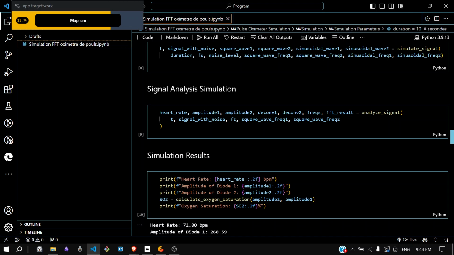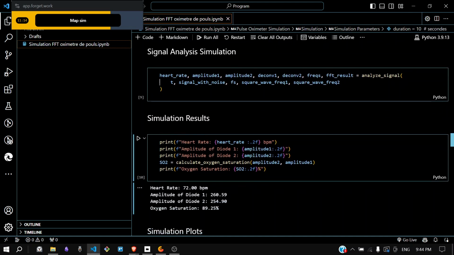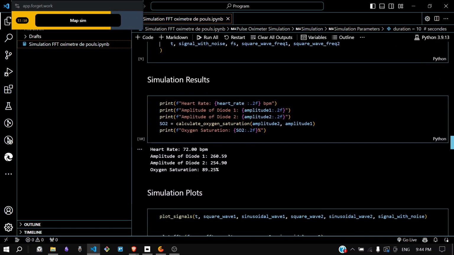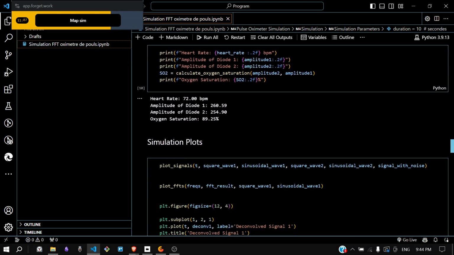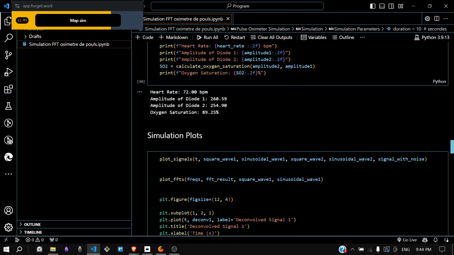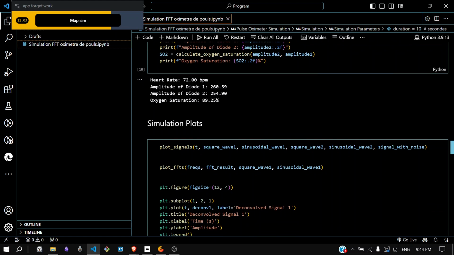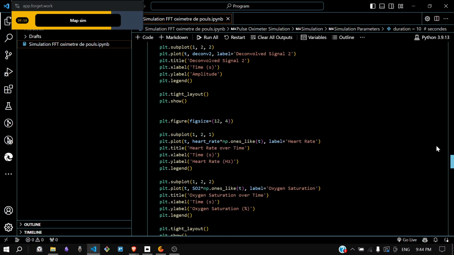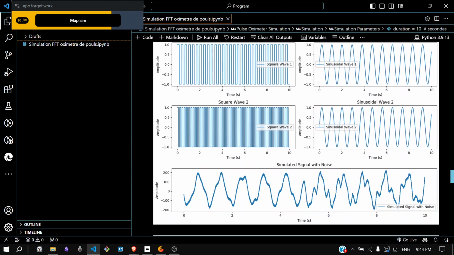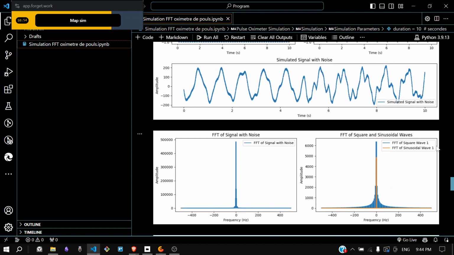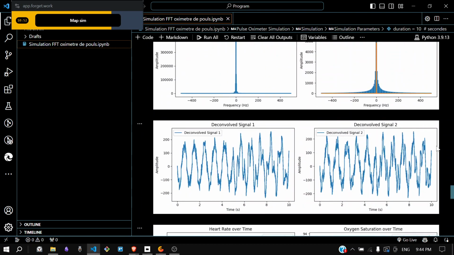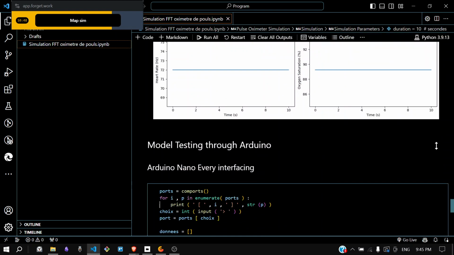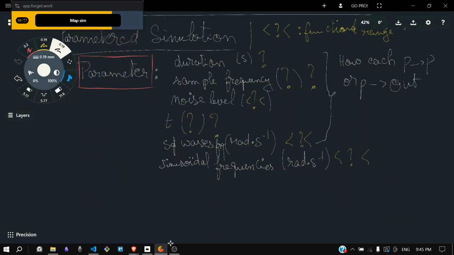Then we just use our functions. Then we print out the results. And after that, we plot the results. So here there's the display of results. And we're done. So it's not that hard.